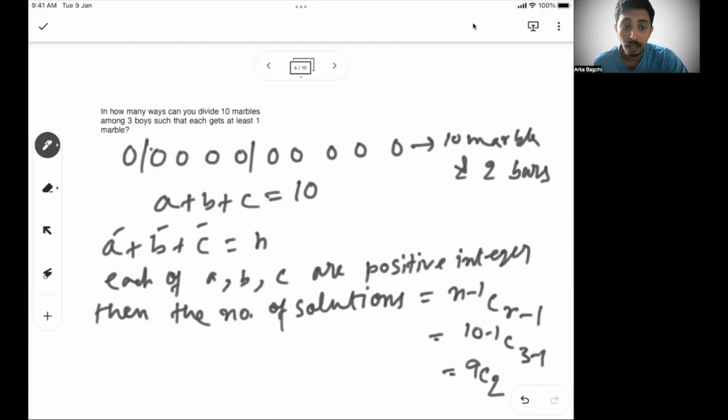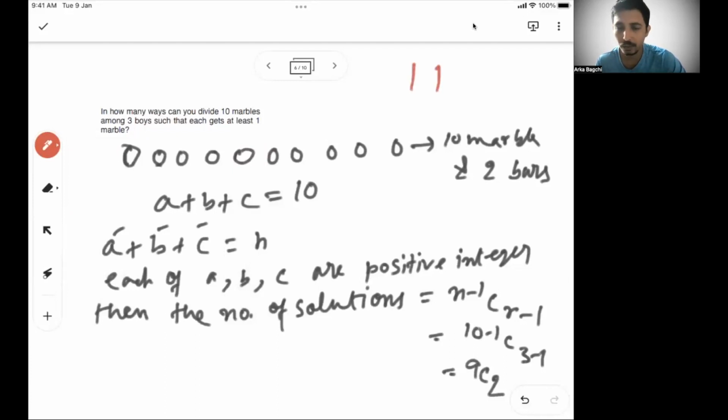Okay. The other way of doing it is through this marble approach. So let's say there are these 10 marbles available, right? For 10 marbles, there are 9 gaps. So there are 9 gaps between two marbles. There is one gap between each pair. And let's say I have 2 bars available.